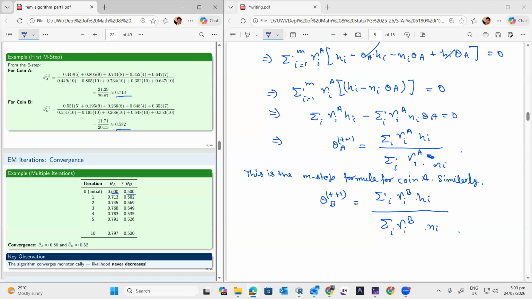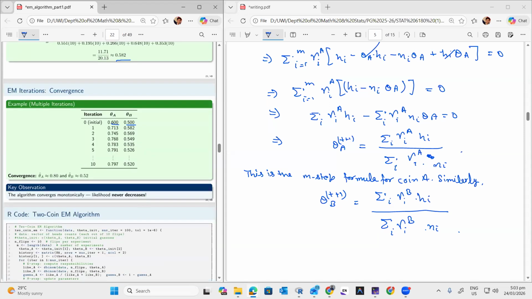After that, you will repeat it a number of times until it converges, and in the end you will find that the probabilities after the replications are 0.797 and 0.520. So theta A, the probability of getting heads from coin A, is about 0.8, and the probability of getting heads from coin B is 0.52. The algorithm converges monotonically, so the likelihood never decreases here.